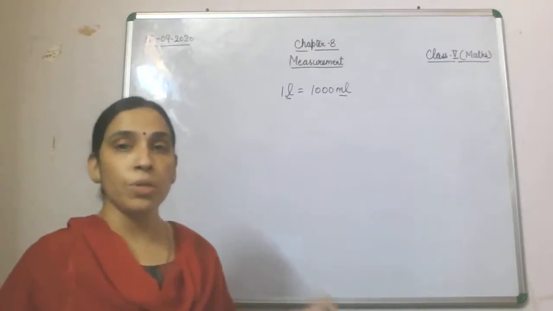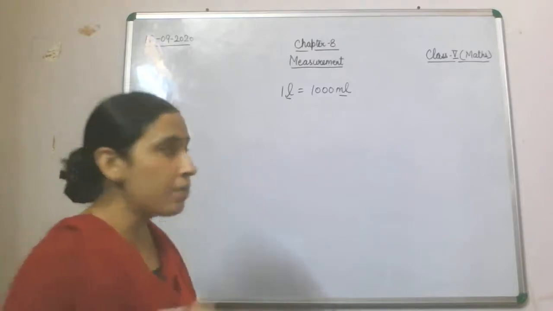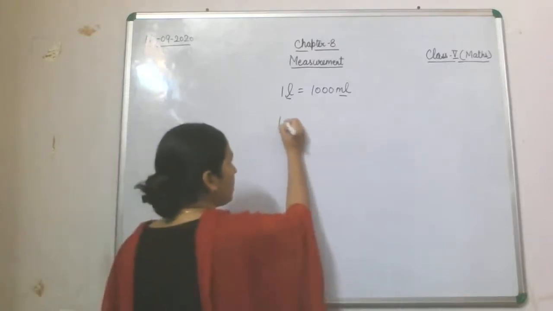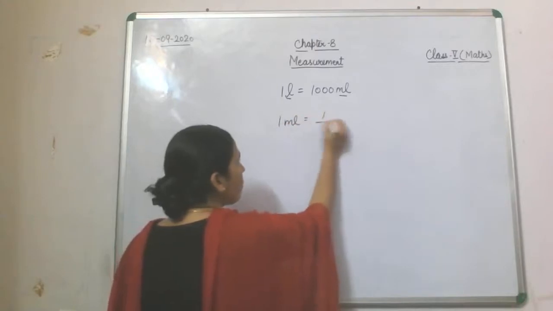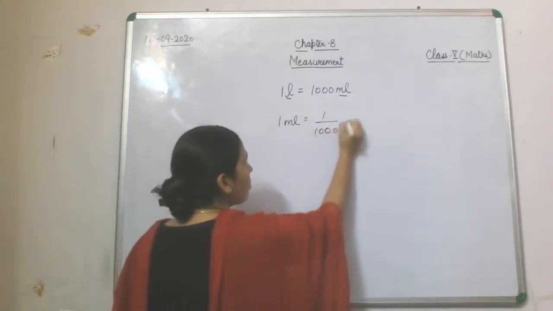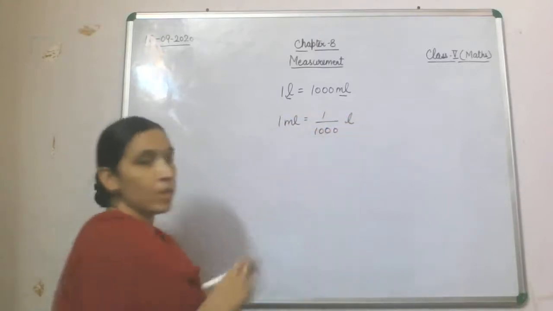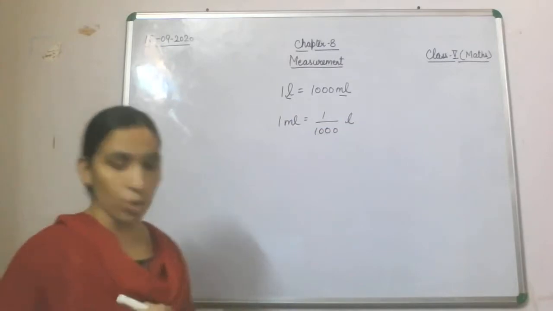So this only you have to remember, 1 milliliter will become 1 by 1000 part of a liter. These two relations we have done in kg also.